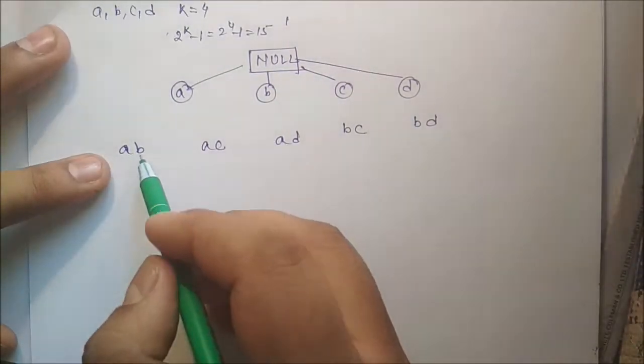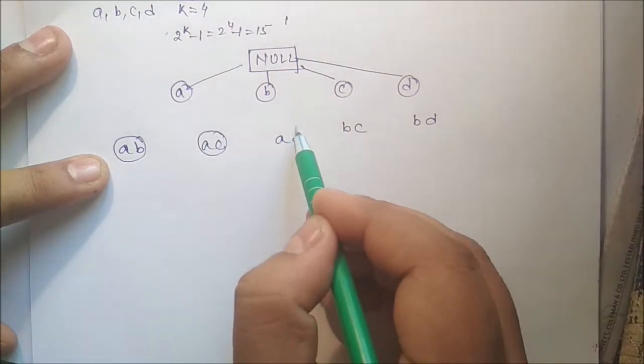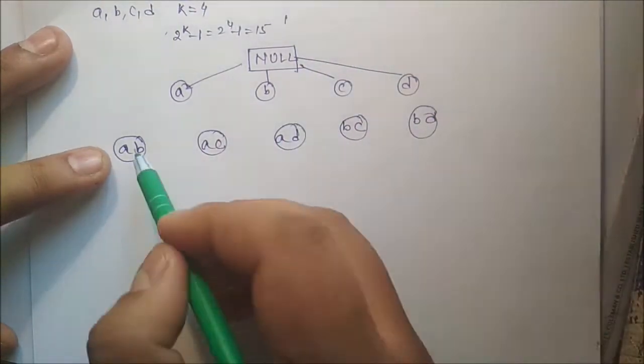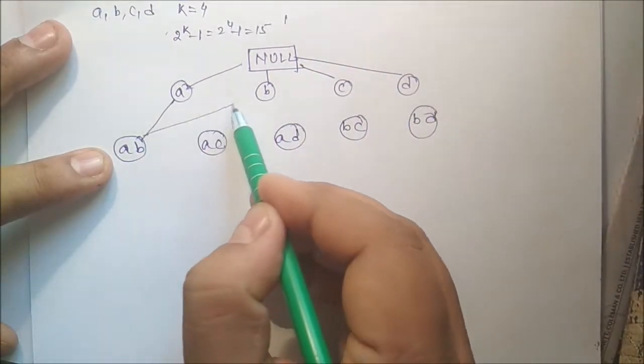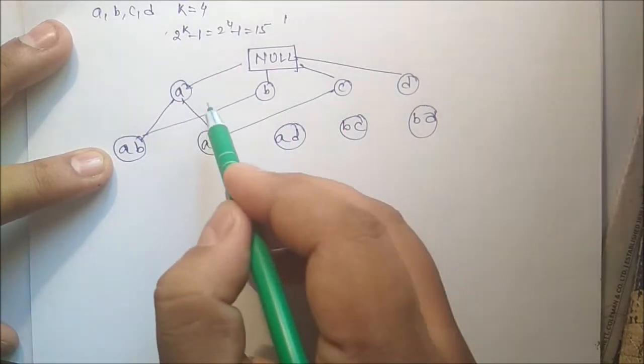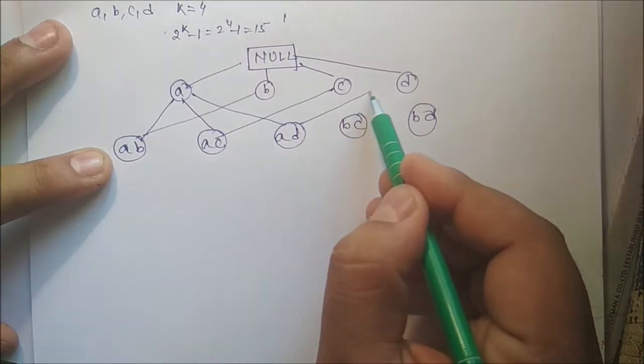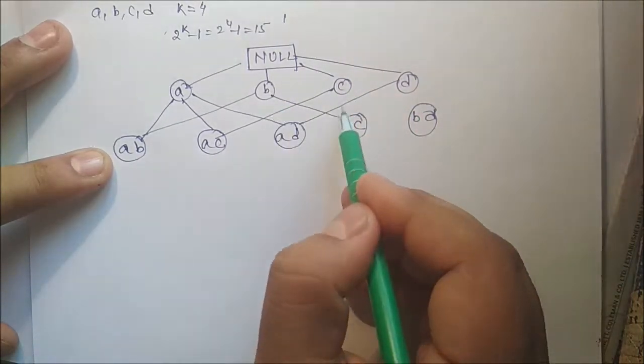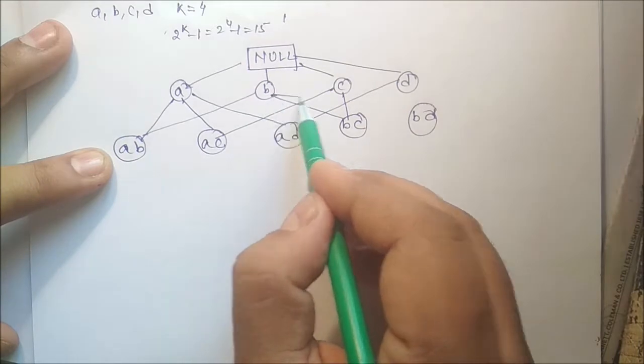How to get these AB, AC, AD, BC and BD? AB from A and B, AC from A and C, AD from A and D, BC from B and C, and BD from B and D.